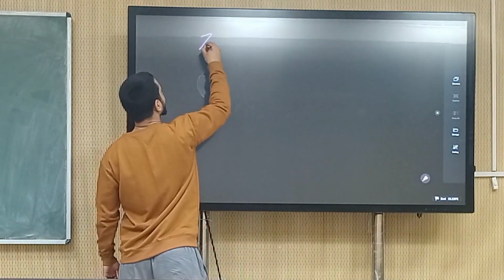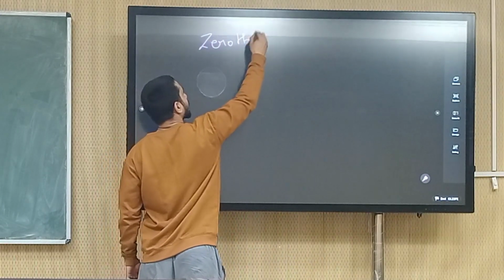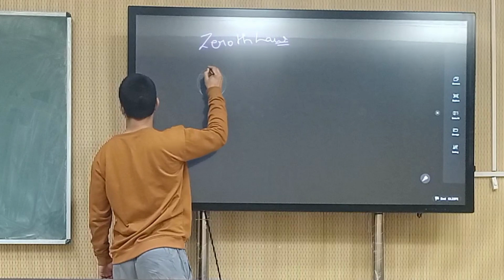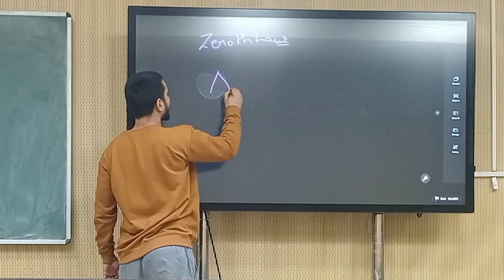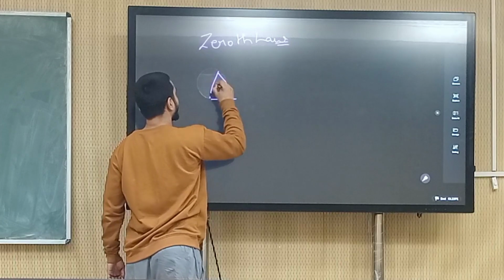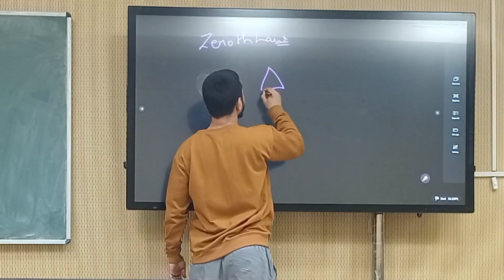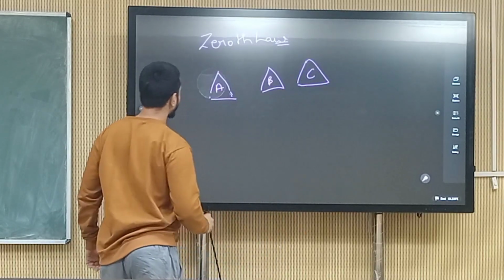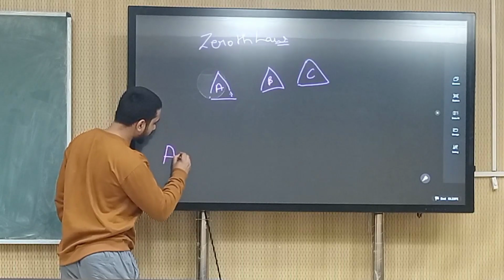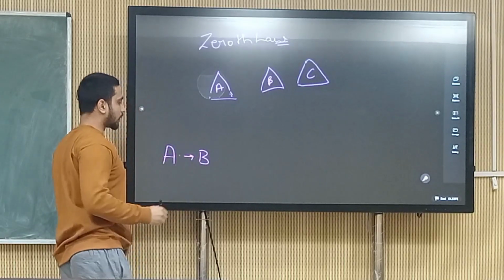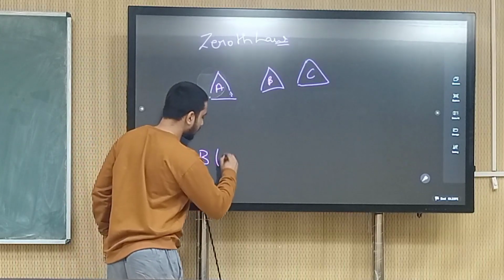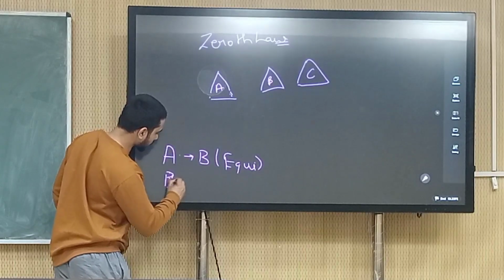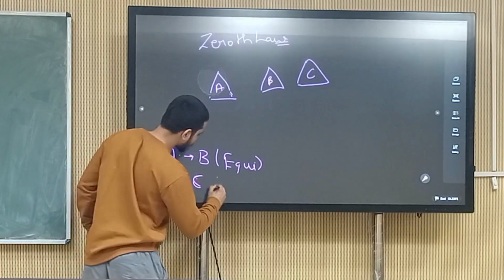So in the zeroth law, it states that if there are three bodies, suppose the first body is A, the second body is B, and the third body is C. Suppose that A and B, after some time, are in equilibrium, and B and C are also in equilibrium with each other.